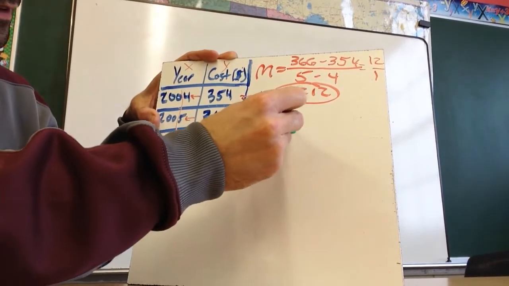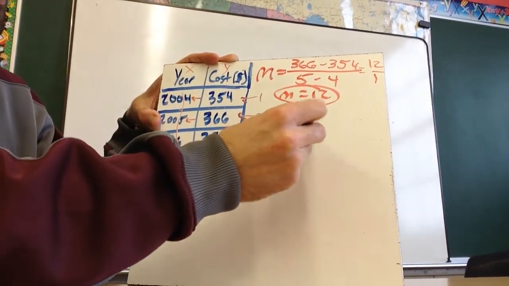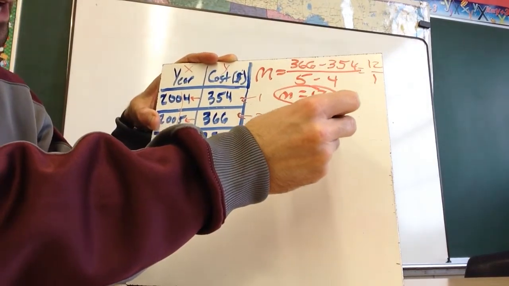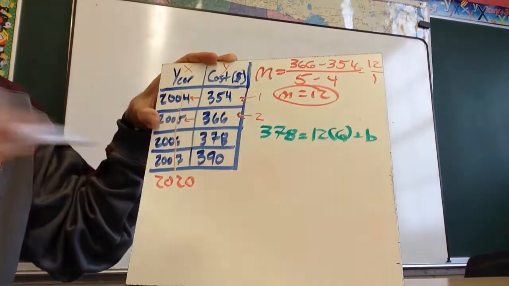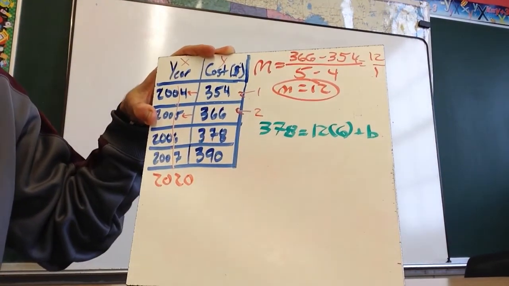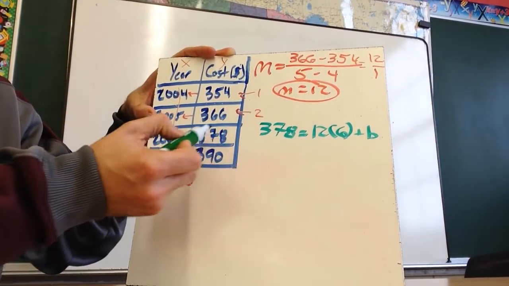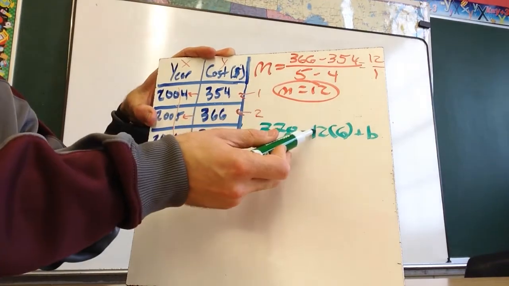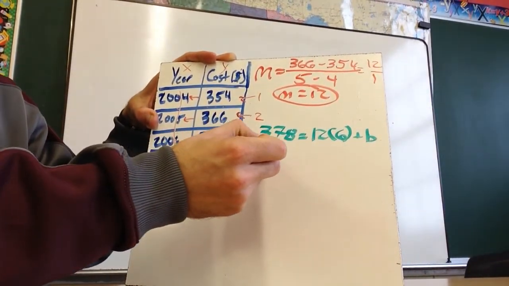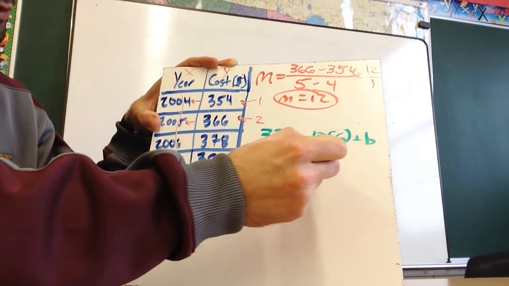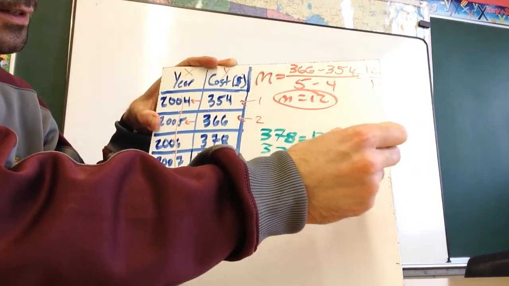So I'm going to go 378 equals m, which is 12, times x plus b. All right, so this is y equals mx plus b. So now I'm going to go 378 equals 72 plus b.